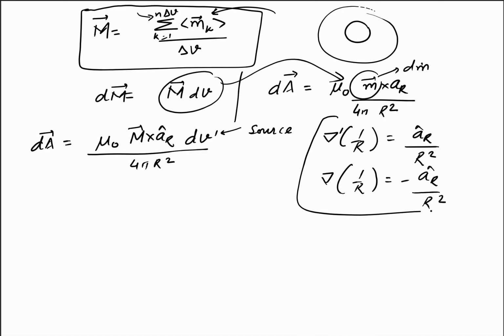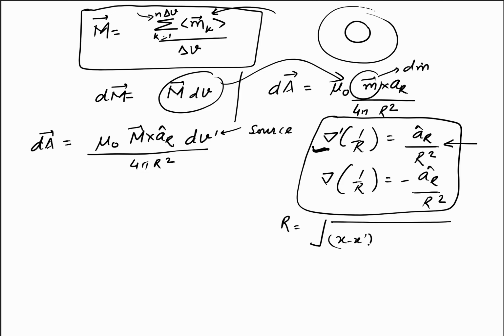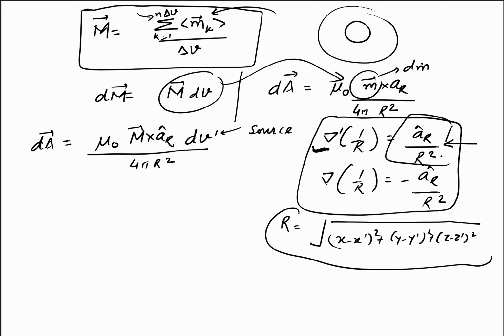So this is very easy. If you do not know how to derive this, just watch my lecture number 23. It is simply the gradient with respect to the primed coordinates, where R is the square root of x minus x prime square plus y minus y prime square plus z minus z prime square. If you take the gradient of this quantity, you will get this result.